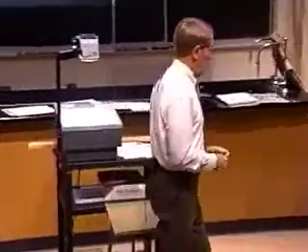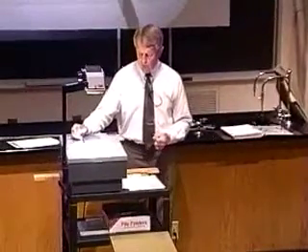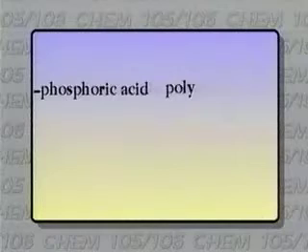It is this sulfur dioxide reacting with moisture in the air that produces sulfurous acid, which gives us the acid rain. Now we might get a small amount of sulfuric acid in the atmosphere also, but that is less likely than the sulfurous acid. Now let me go back here to phosphoric acid just a moment.